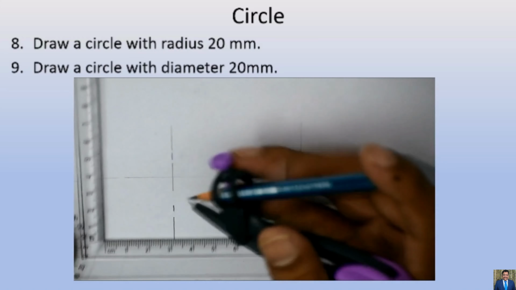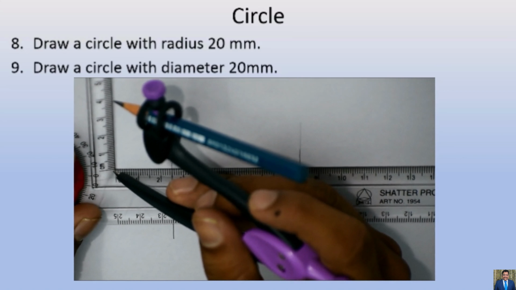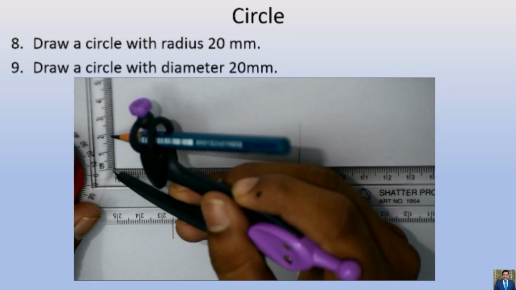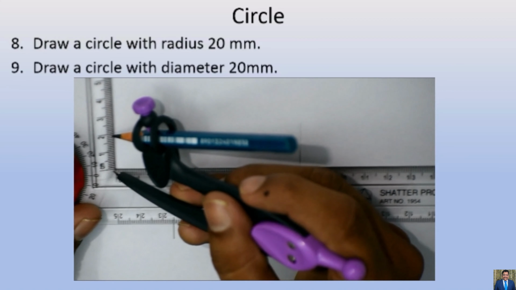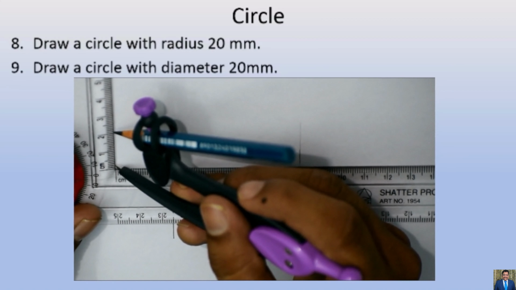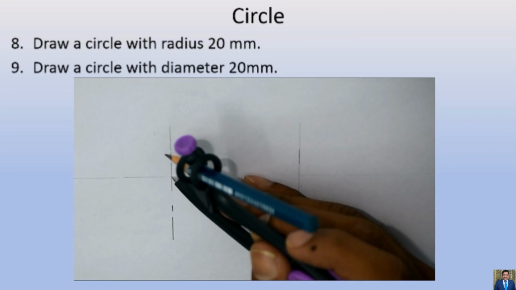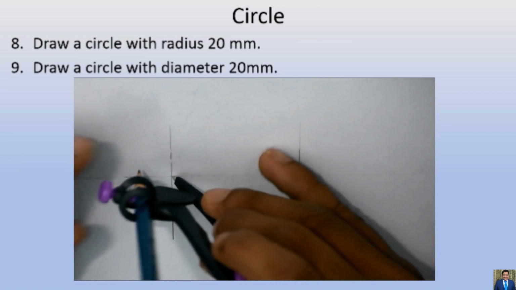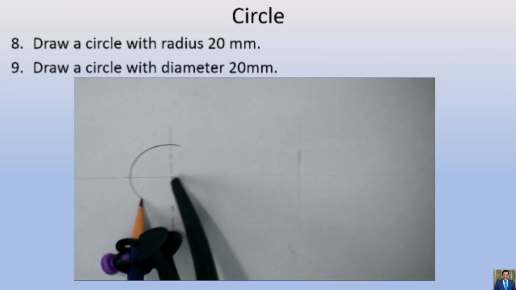So here I have axis lines marked already. As I said, whenever we have to draw a circle, we have to take the radius, and in question number 8, radius is directly given. So I will take the radius as 20 mm directly. And you can observe that I am drawing the circle here.